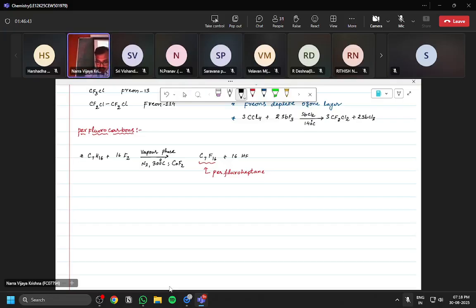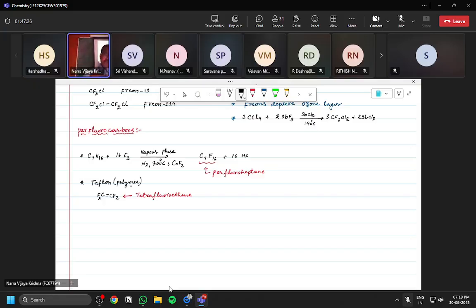Similarly, Teflon. What is Teflon? Tetrafluoroethene, CF2=CF2. Polymer of tetrafluoroethene is called Teflon. This is the monomer. If it polymerizes, then we call it Teflon.